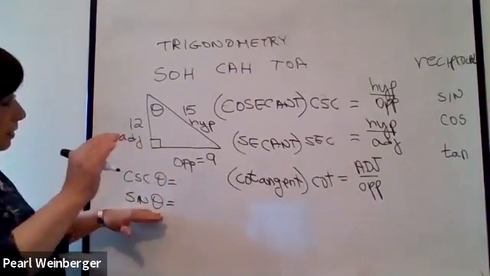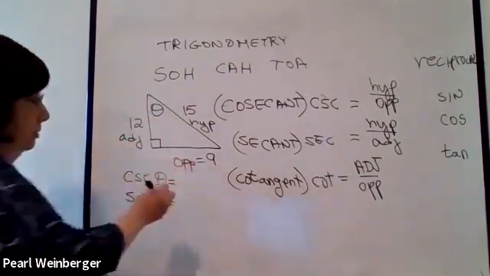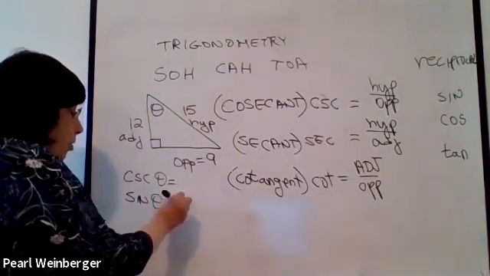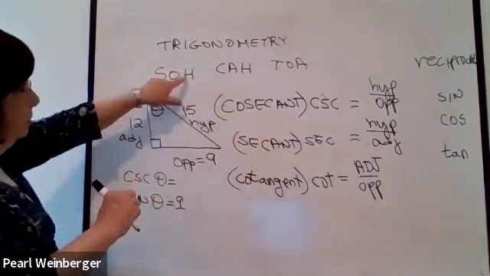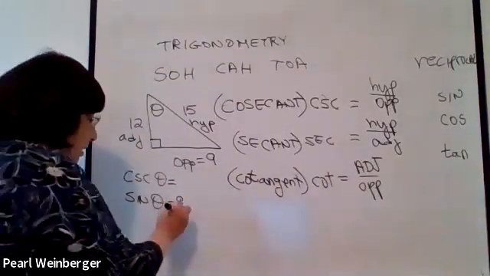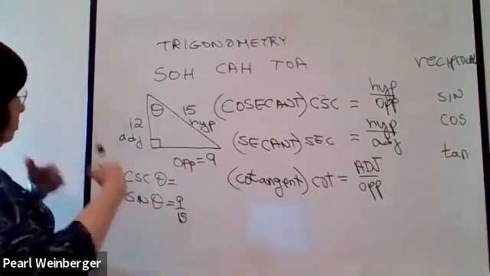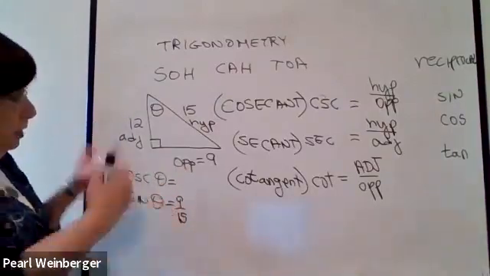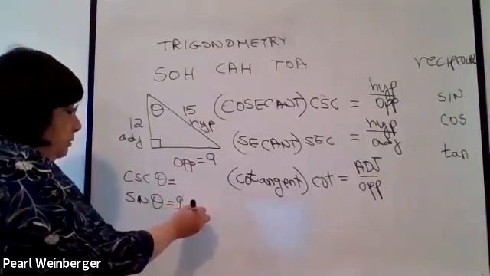I know the sine of theta is the opposite, which is 9, over the hypotenuse. So sine is opposite over hypotenuse. It's 9 over 15, which means the cosecant, before I do anything else, I'm just going to flip it over. The cosecant is its reciprocal.